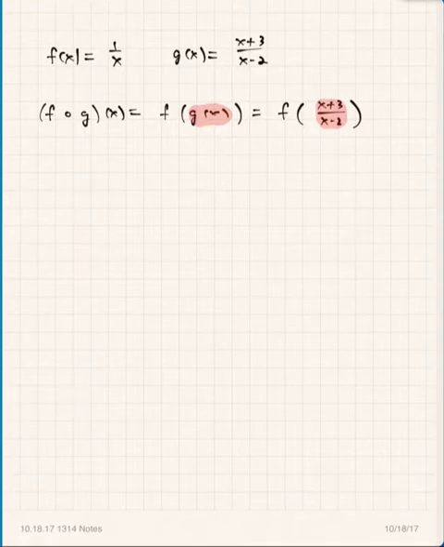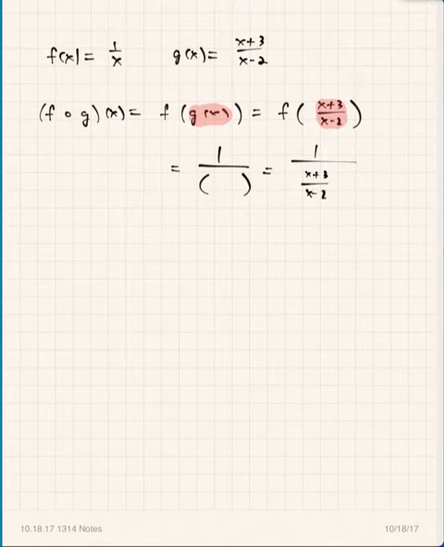Now this tells me to go to the f function, and the f function is 1 over x. So I'm going to follow exactly like I did in the last couple of problems. Every place I see an x, I just put this open set of parentheses. Now there's just 1 over x, so it's 1 over this open set of parentheses. And so what do you get? 1 over, and I plop that (x plus 3) over (x minus 2) in the place of the parentheses there.